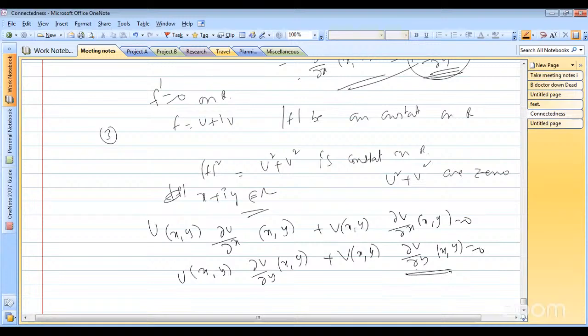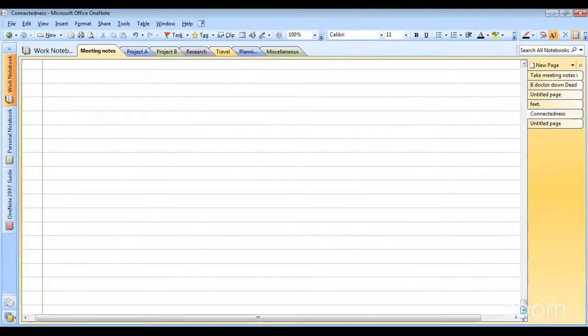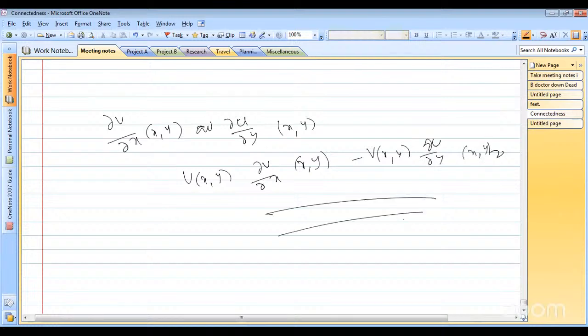Using the Cauchy-Riemann equations, you can write these in terms of the real and imaginary parts, and that is equal to 0.